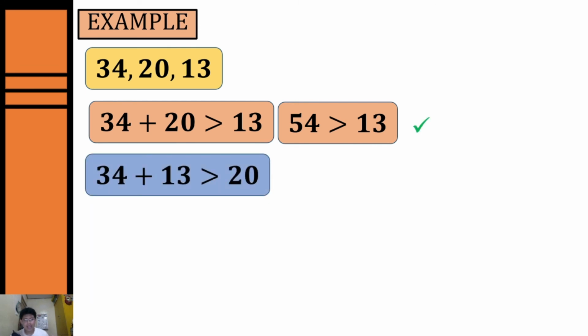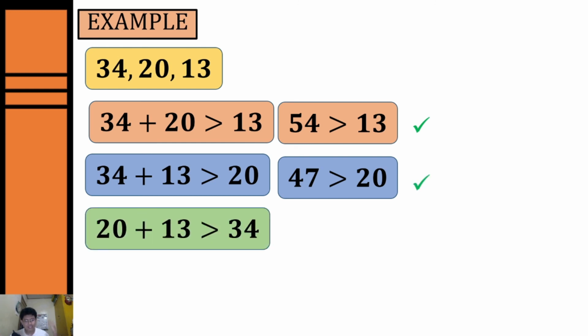Next, let's add our first side and our third side and compare it to our second side. 34 plus 13, is it greater than 20? So 47 is greater than 20. So it satisfies our inequality. Next, let's test our second side and our third side. Is it greater than our first side? 20 plus 13, is it greater than 34?